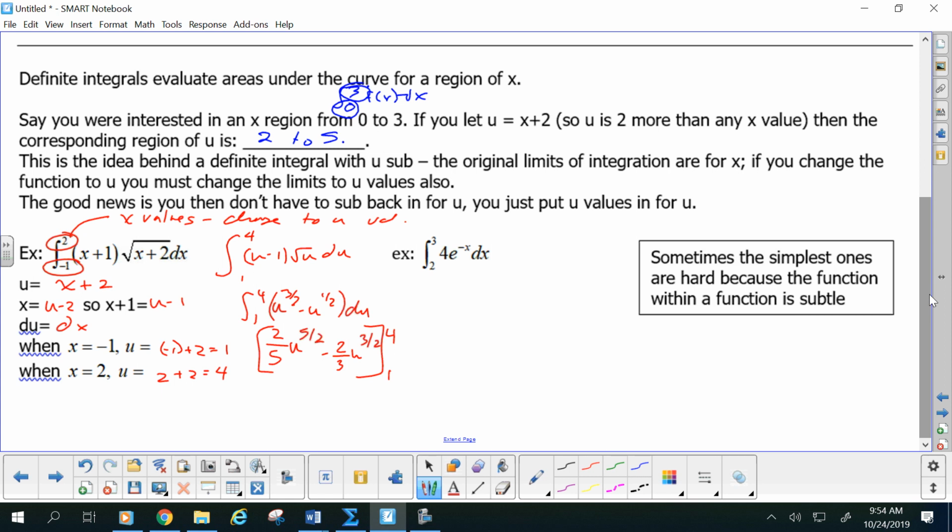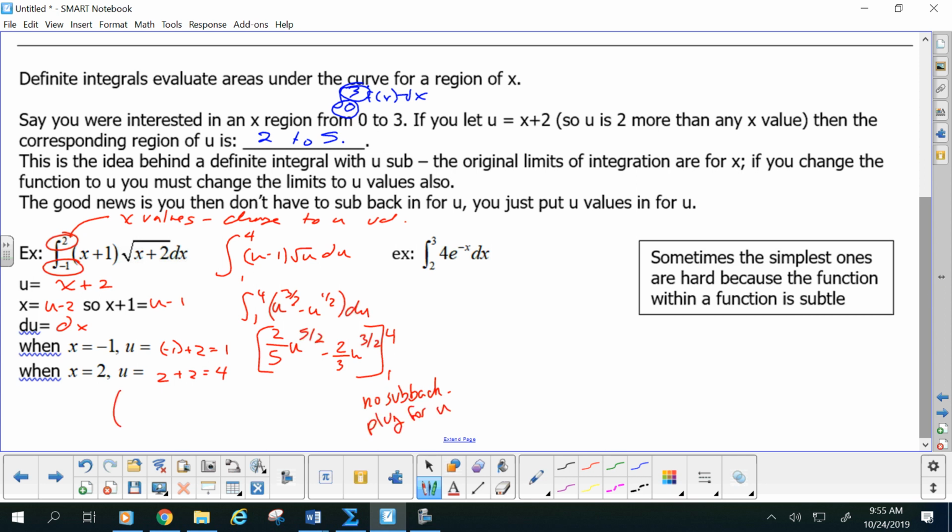Yes. Now the beauty is, normally after I take the antiderivative, I would sub back. I don't have to do that here, because these values, 1 and 4, they are for u, not x. So I can keep those in, and you don't sub back in a definite interval. Just plug in for u.